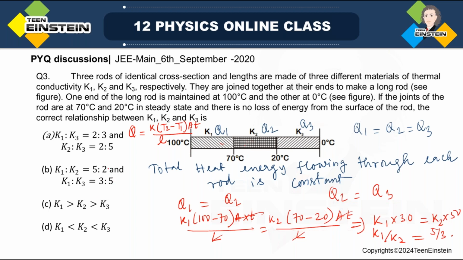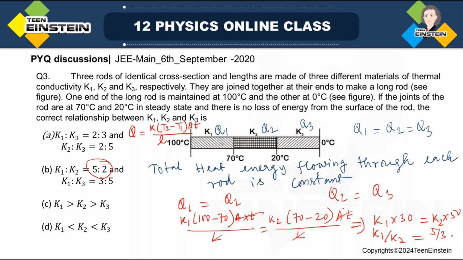K1, K2 is given as 5 by 2. It is not possible, so maybe while typing this I typed it wrongly. So K1 is to K2 is 5 by 3, so 5 is to 3. And between 1 and 3, what will be the relation?